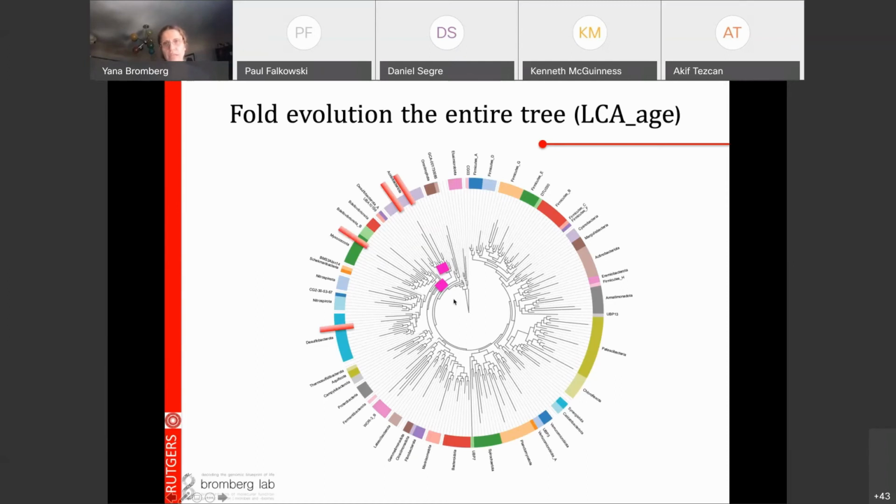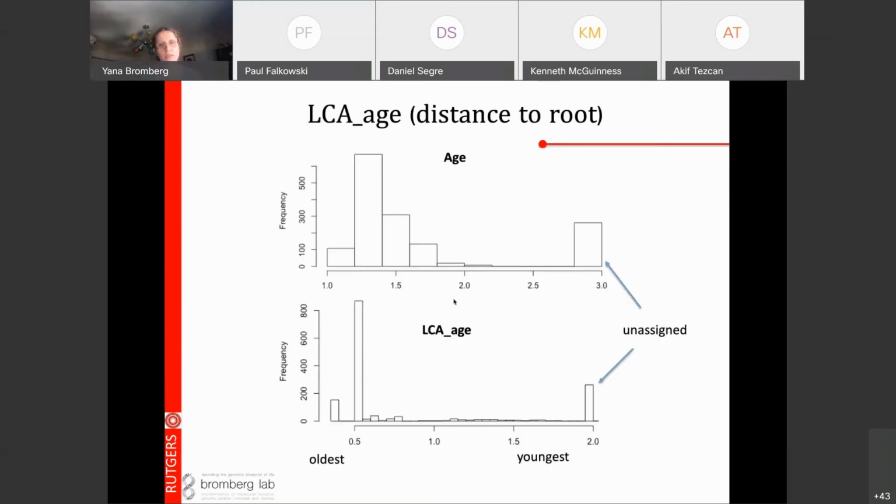So we tried to date the last common ancestor for these particular folds. And what we observed is this. Here on top is the normalized age, and we have these unassigned ages over here. But other than that, the age is actually distributed, interestingly, here.